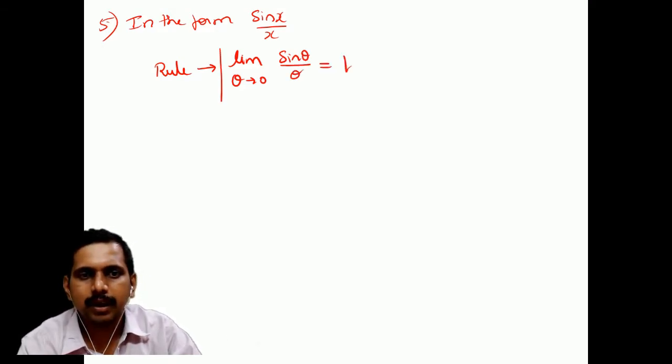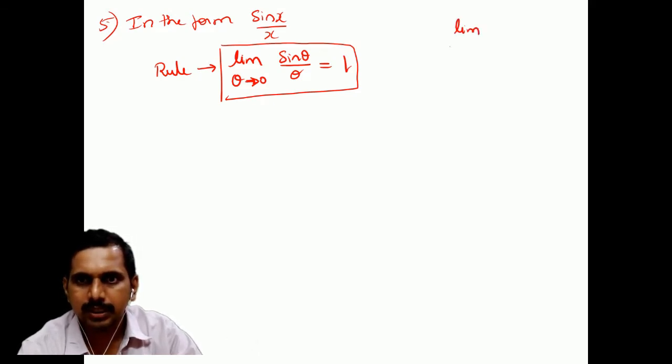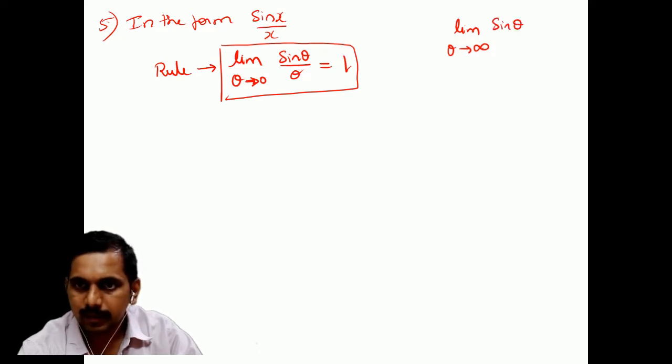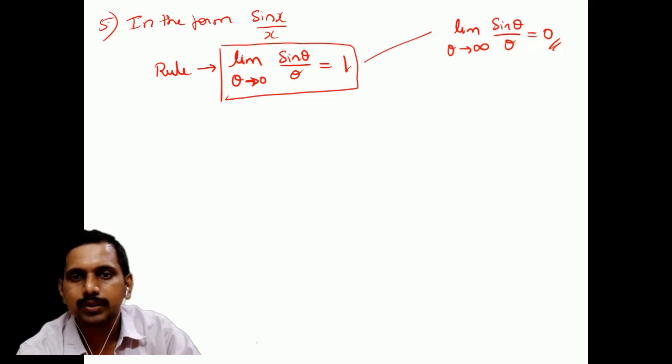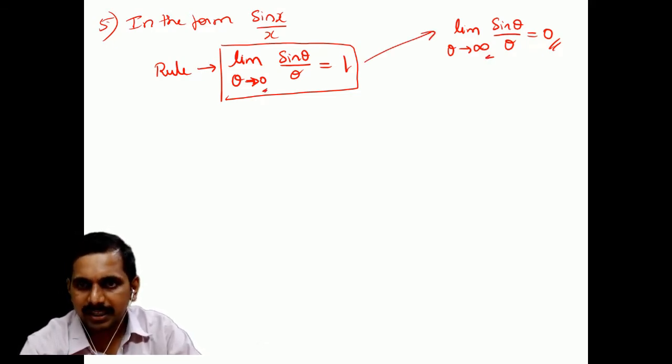One of the main things we have to do is we should not confuse 0 with infinity. For example, there is another rule which says limit theta tending to infinity, sine theta by theta is actually equal to 0. Don't confuse this with this, very important. See whether it is 0 or whether it is infinity.